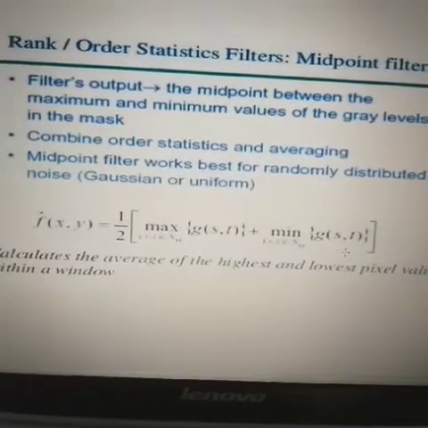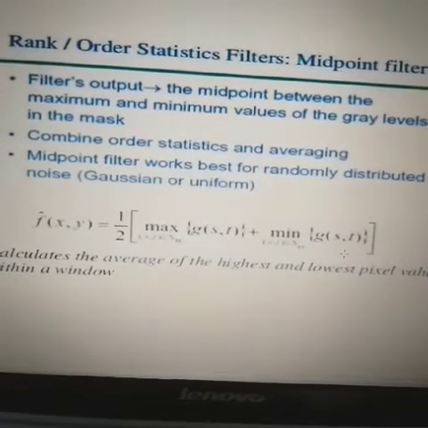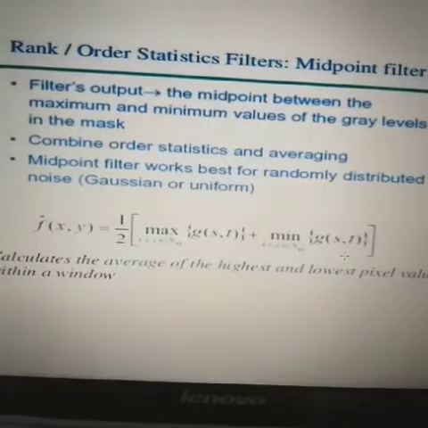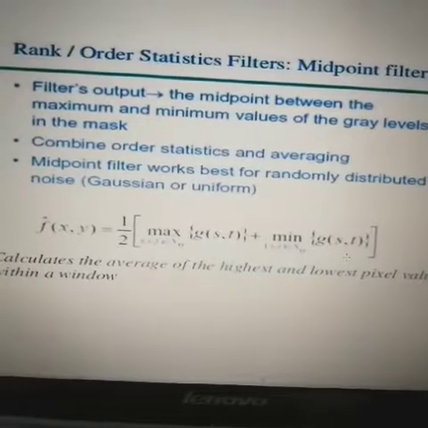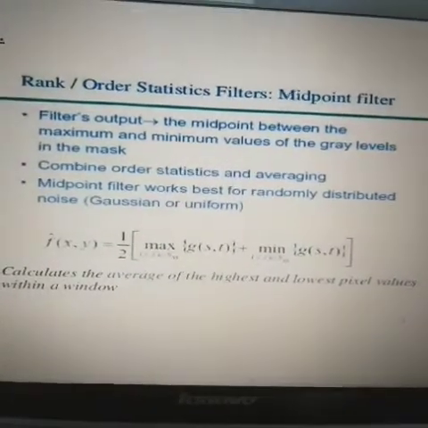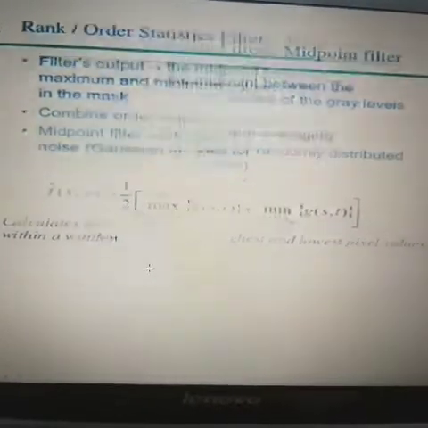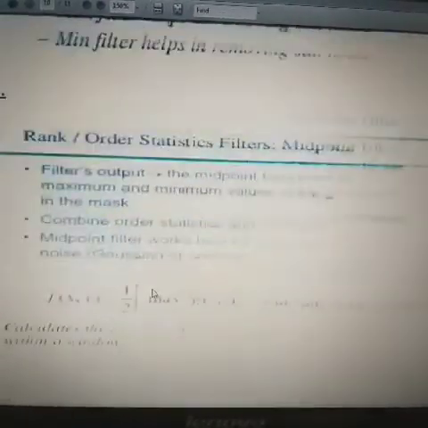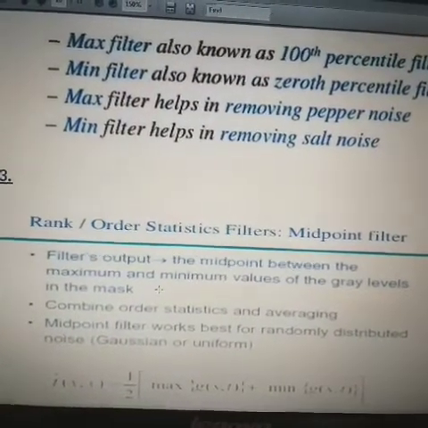For example, for index values 0 to 4, the minimum value is 0 and the maximum is 4; 0 plus 4 divided by 2 gives the middle value. So we are calculating the average of the highest and lowest pixel values within a window. Clear? This is simply the midpoint filter. So we already discussed all of these.